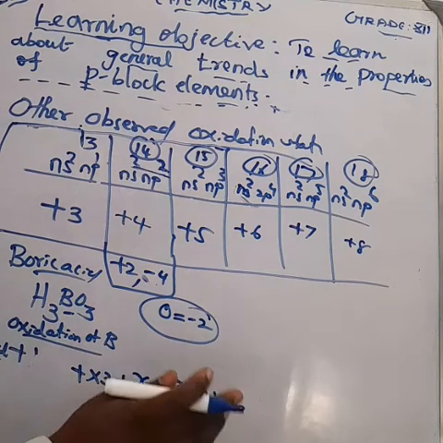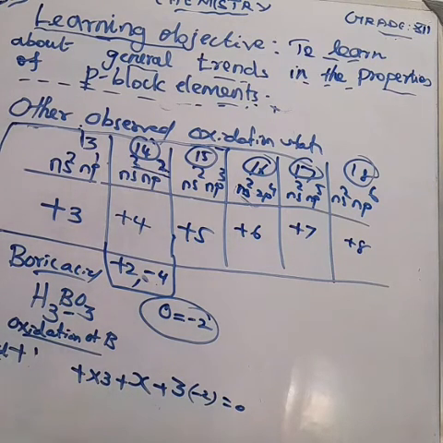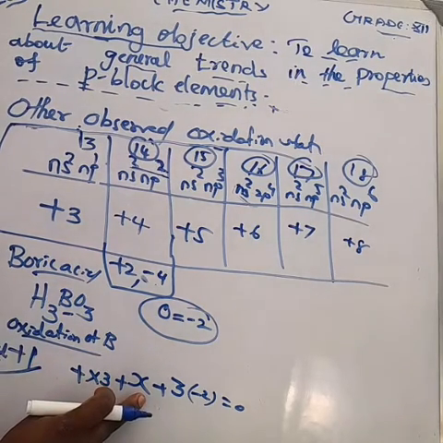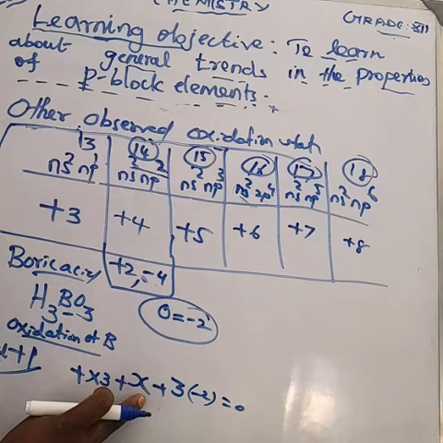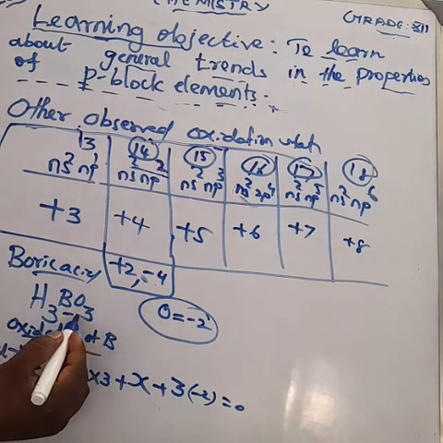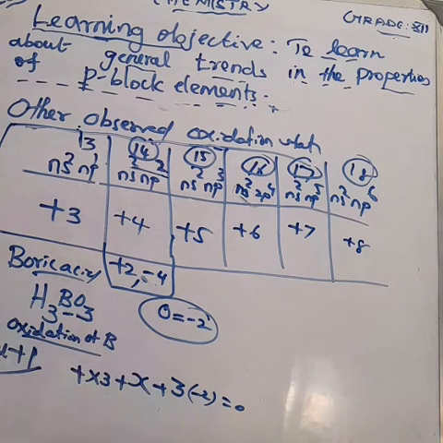So 3 into +1, plus boron taken as X, since we have to find boron, plus oxygen with charge -2, 3 oxygen, so 3 into -2, equal to 0.